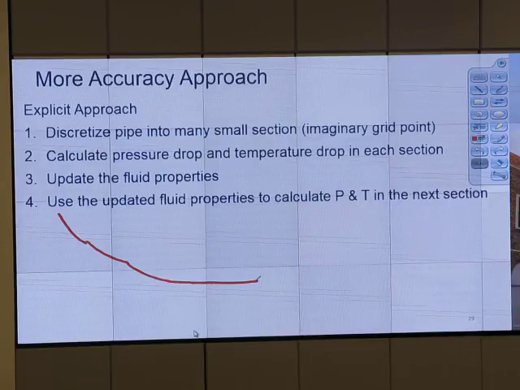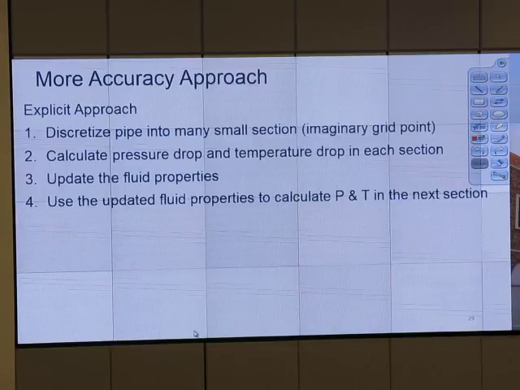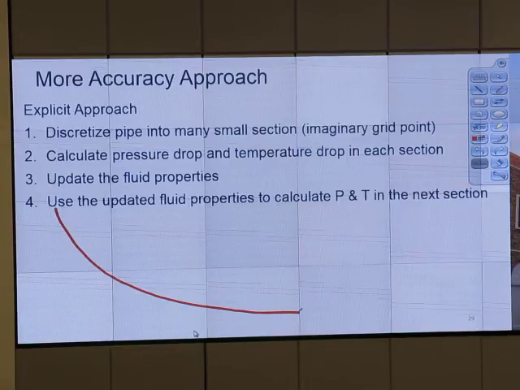This is better, but still not that good, not as good as you can do. You can do better, right? Think about it. If you have your temperature profile look like this, but the viscosity that you use in the calculation, on the first section, you use the inlet temperature to calculate viscosity.